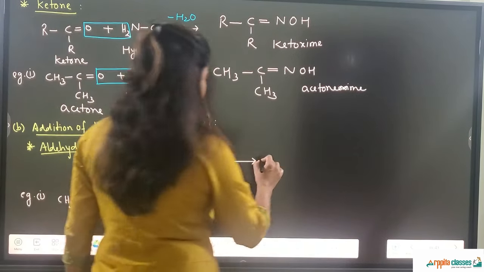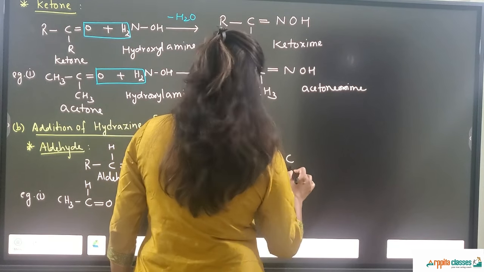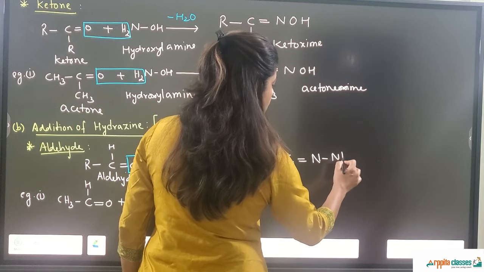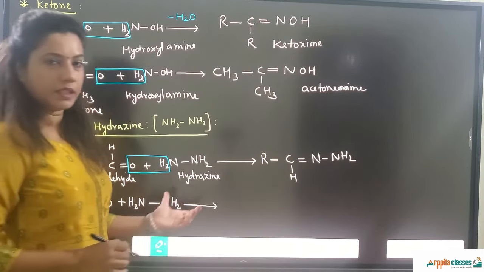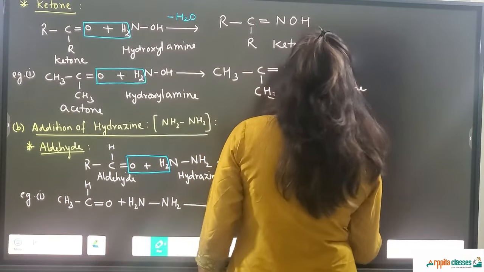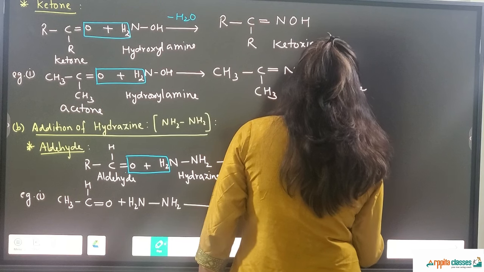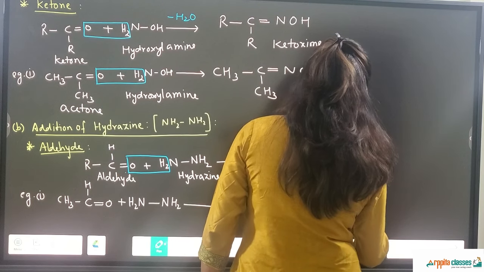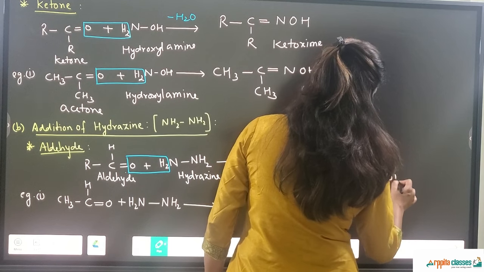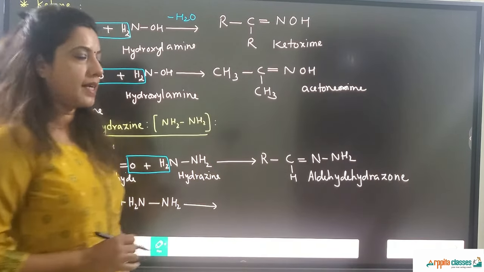Now the rest of the part you just attach together: RCH double bond N NH2. The product which we get by addition of hydrazine is called a hydrazone. So it is aldehyde hydrazone, Z-O-N-E. Okay, that's the product.